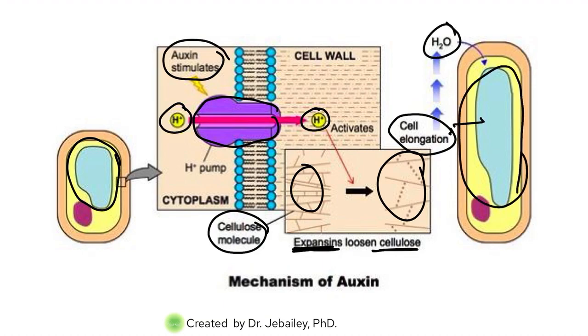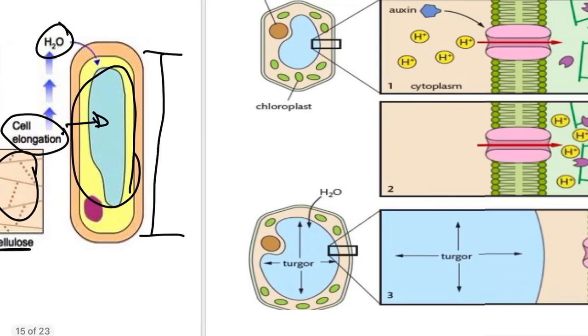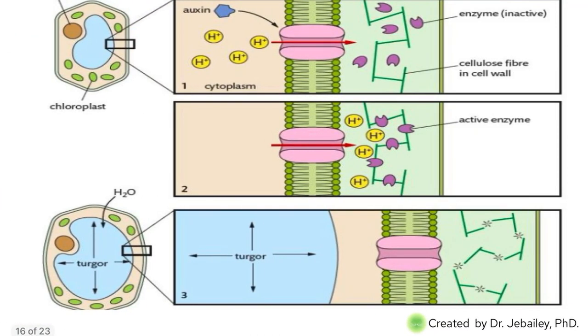So by adding water to the vacuole, now the cell, look, it got way bigger than what it was before. The mechanism of auxin is simply to break down the cell wall, and by breaking the cell wall, you can stretch the cell even bigger. So here, more specific, look at this. You have auxin activating the hydrogen pump.